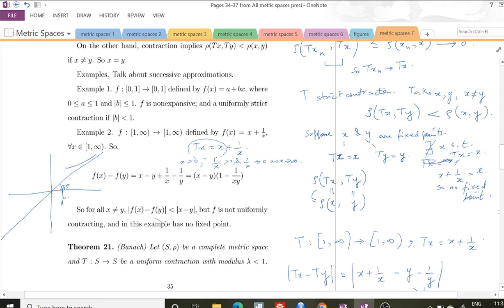It has an oblique asymptote, goes to the 45-degree line from above, right? And as x goes to 0, 1 by x goes to infinity. So it must be looking like that, right?